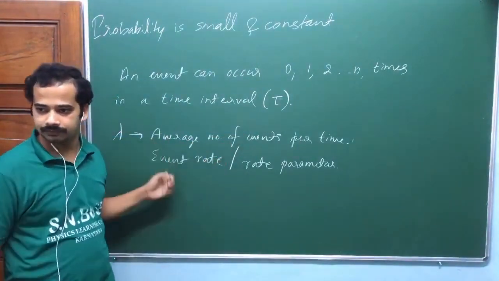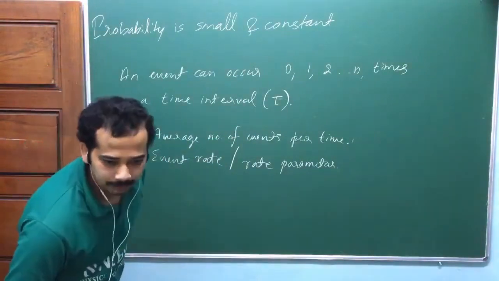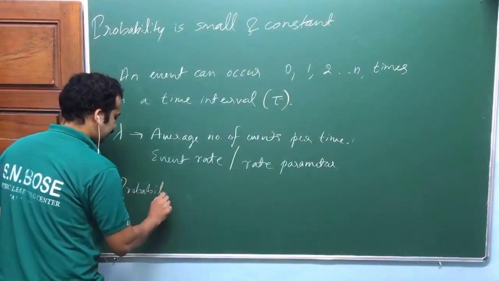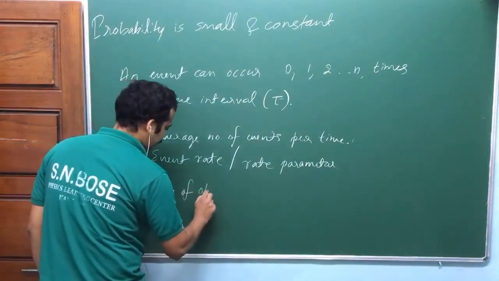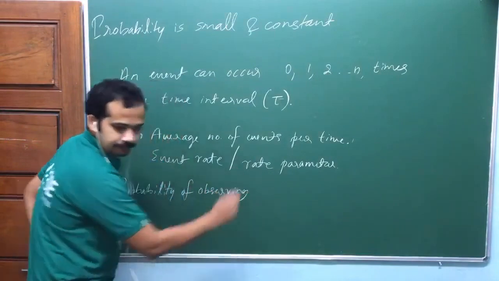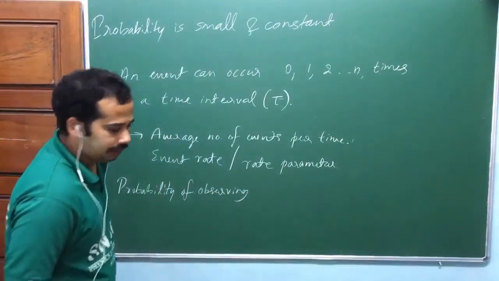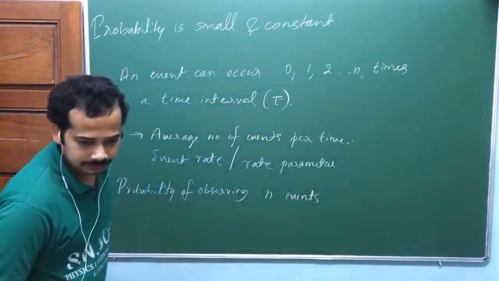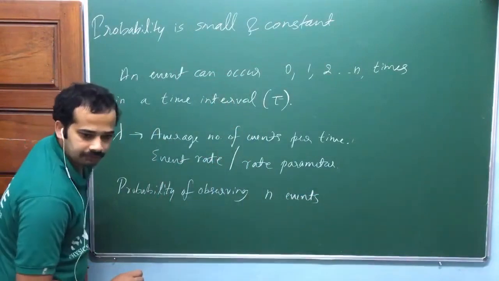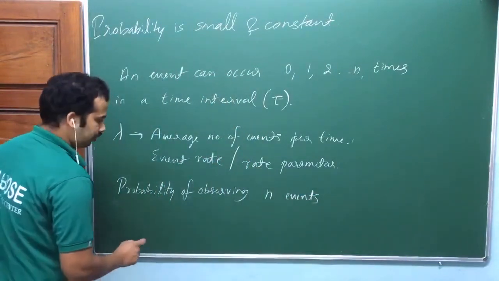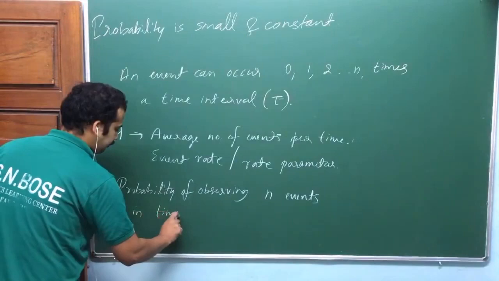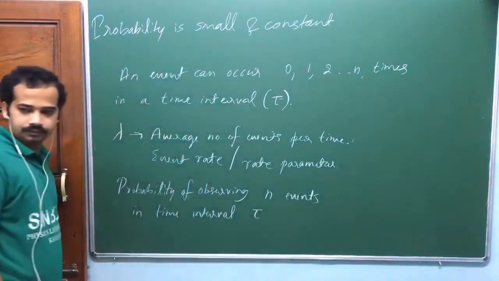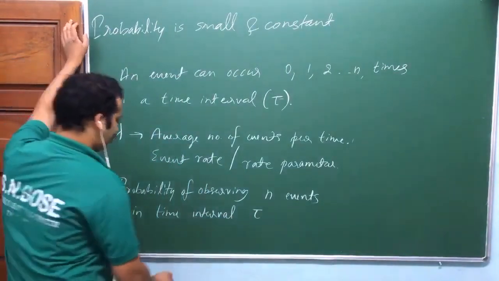Okay, this is required. Now look at here, probability of observing n events in time interval tau. In time interval tau, we are going to write it like this.